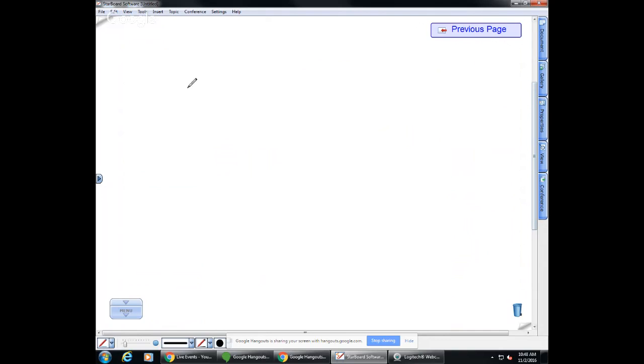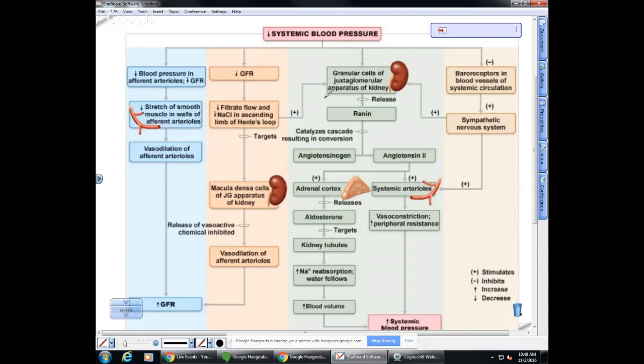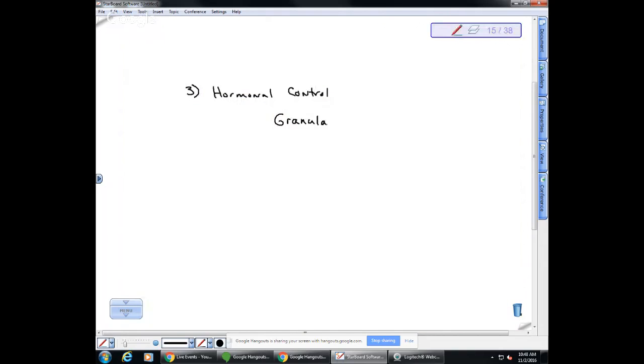This would be 3. We talked about the macula densa. When we look at the hormonal control, this is by the granular cells. Let me make sure that's right. Granular, yeah. Granular cells.